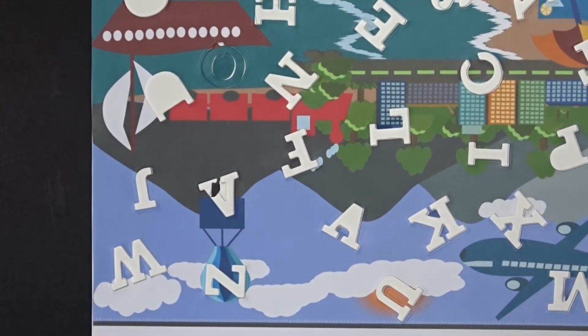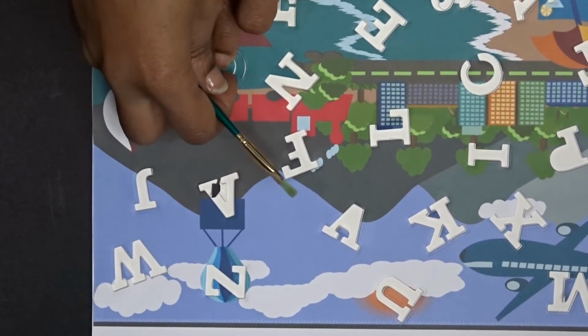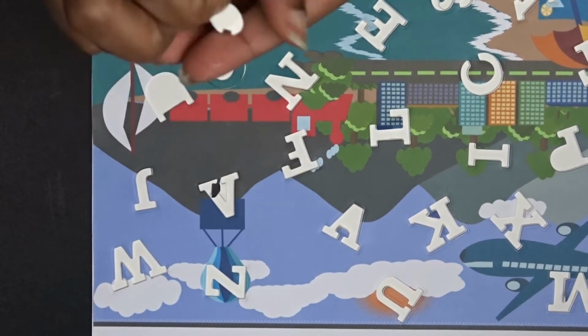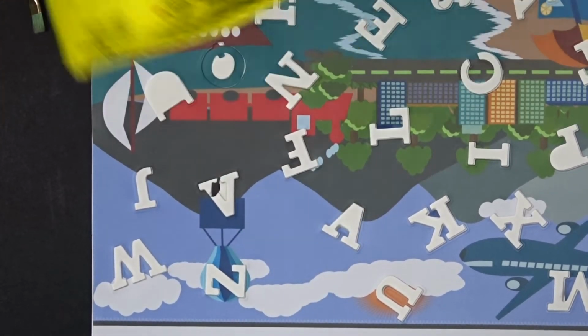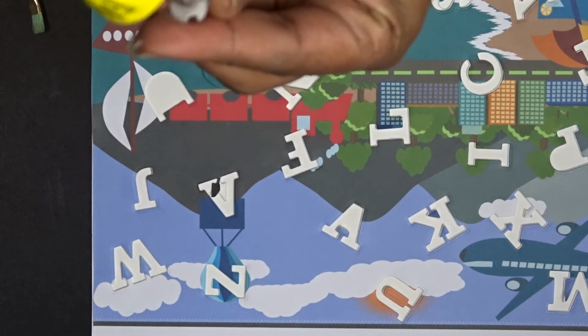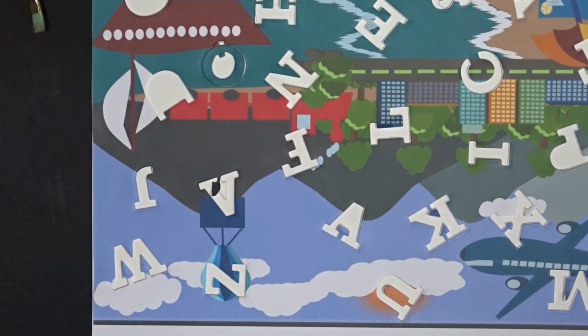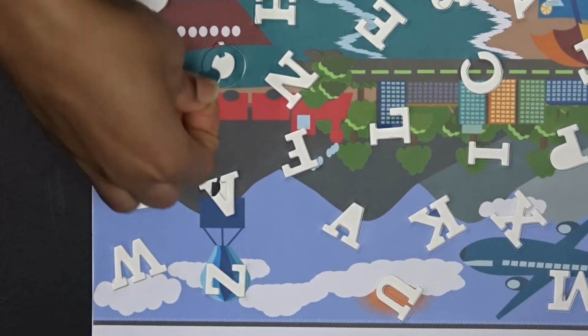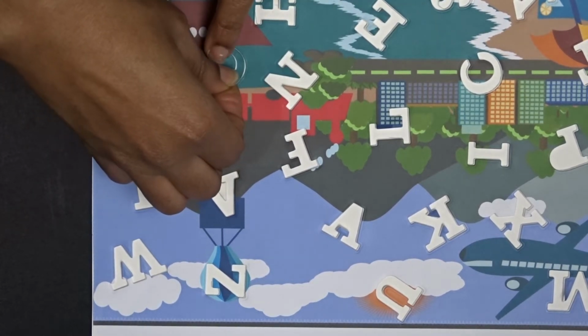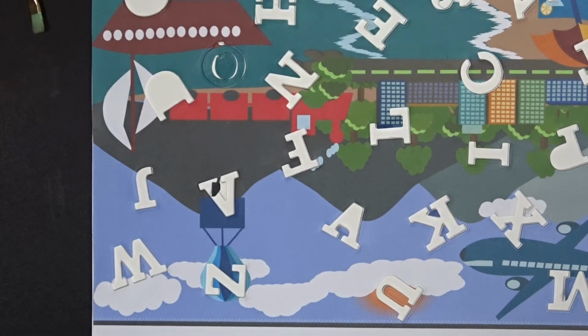The scenery becomes complete. So what I'm going to do now is, first of all, put glue at the back of this. And then I'll place it exactly where it should be.